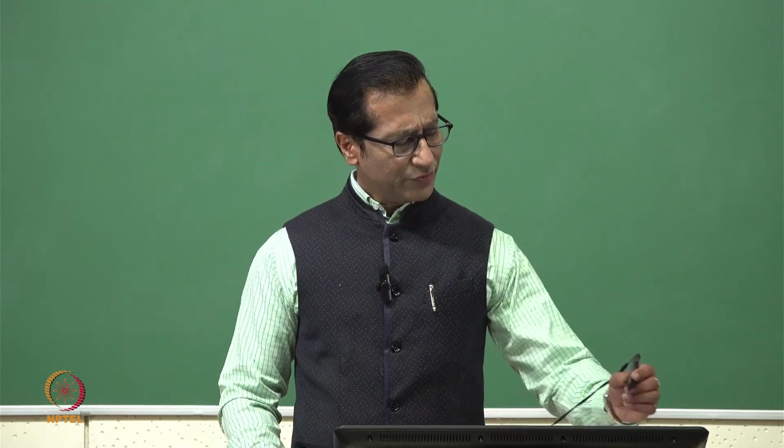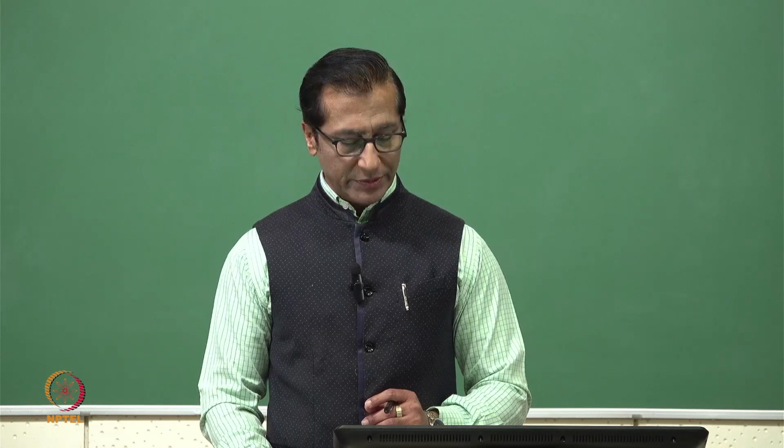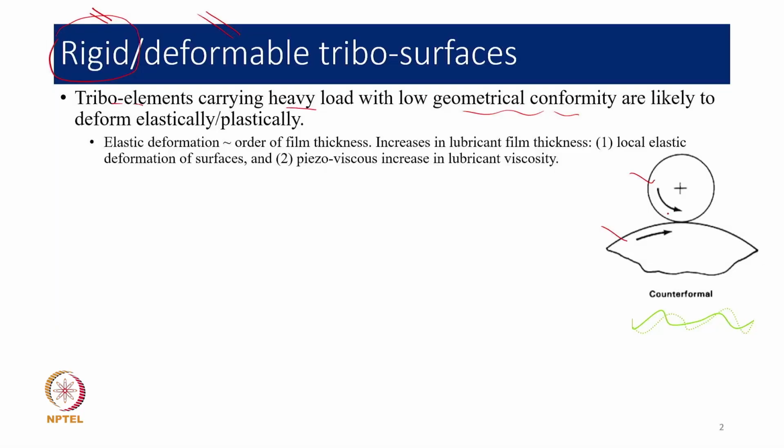Let me start. First thing, we use the word elastohydrodynamic. In the first 10 lectures we assumed the surfaces are rigid, they don't deform. Now we are going to discuss deformation of tribo surfaces. That's why we say tribo elements carrying heavy load with low geometrical conformity, as shown here, like a rolling element bearing or a cam follower mechanism, where the contact area is much smaller.